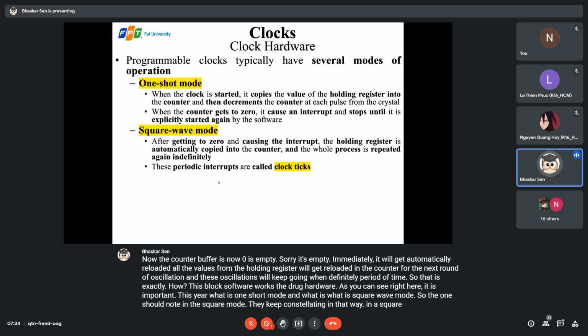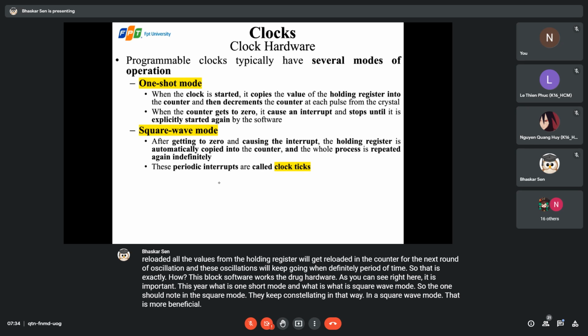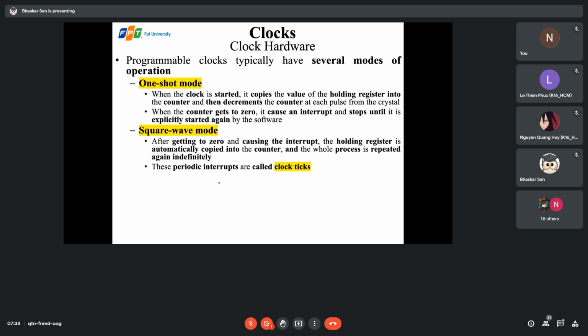The square wave mode is more beneficial. So this is the first one, as you can see, the one-shot mode.